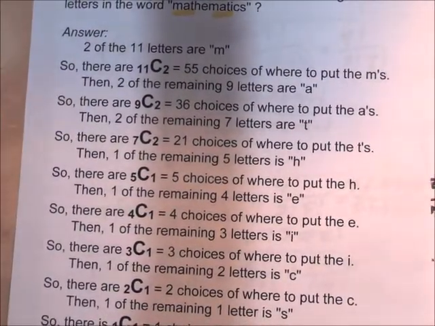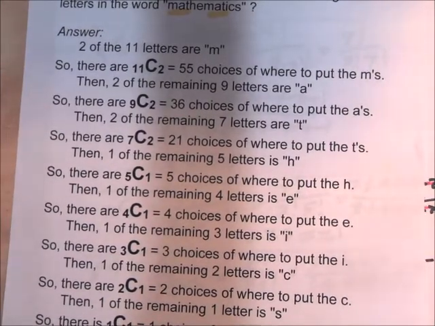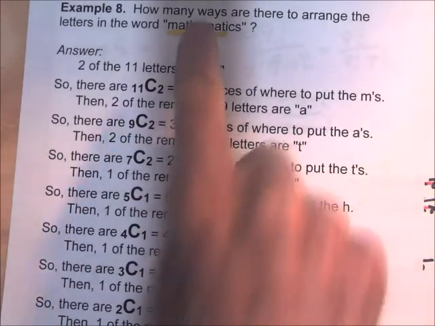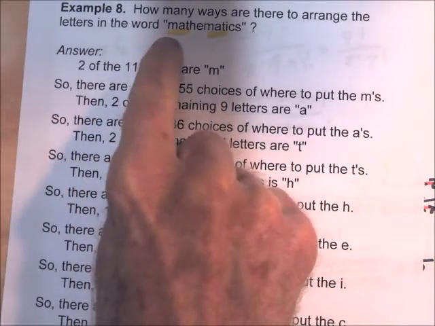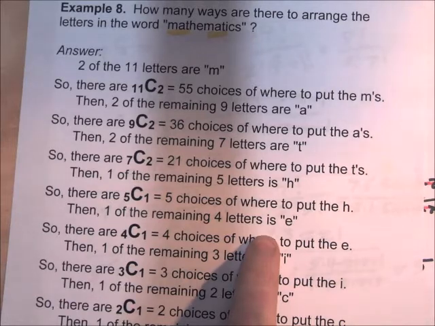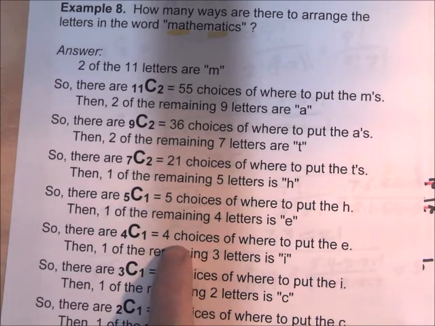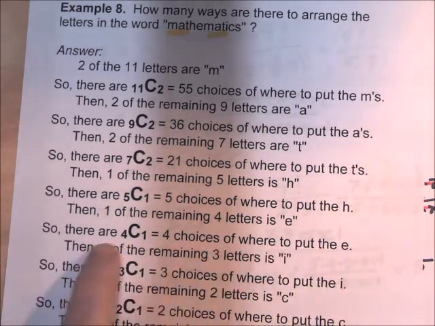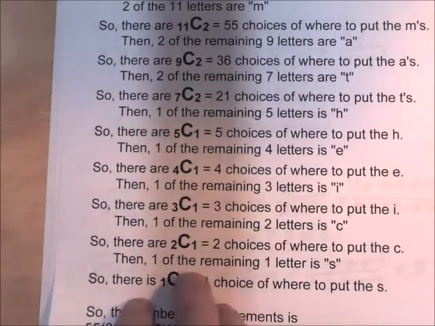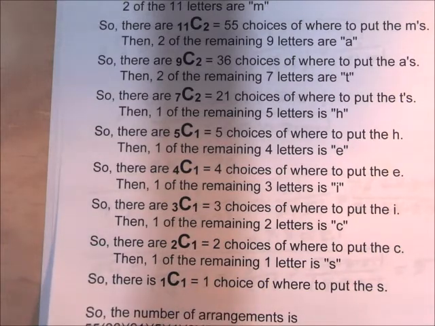Once we've chosen the M's, A's, T's, and H's, I'll pick E next. I'm taking these in order from left to right, but you can choose them in any order. We'll have 4 choose 1 choices of where to put the E. So 4 choose 1 comes out to be 4, 3 choose 1 is 3, 2 choose 1 is 2, and 1 choose 1 is 1.